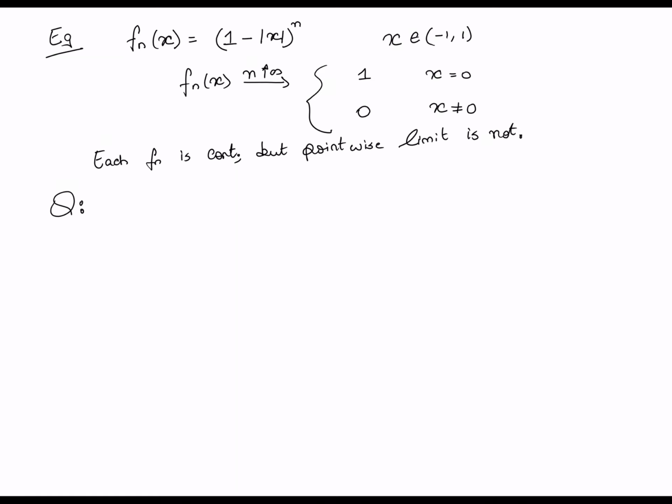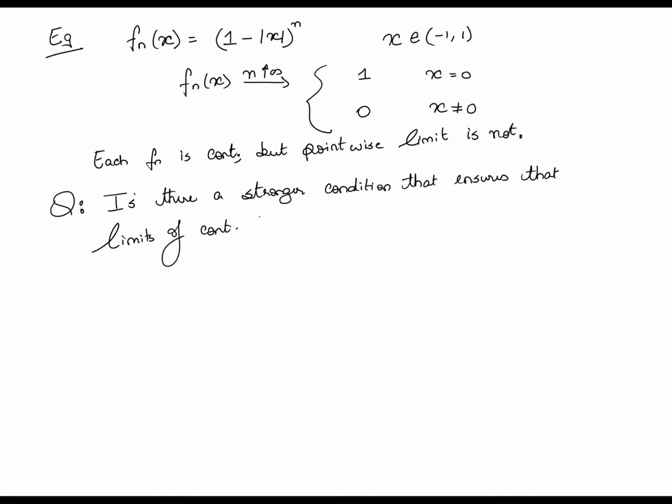So is there a stronger condition that ensures the limit of a continuous sequence is continuous? And it turns out that that is in fact the case, as we will prove later.